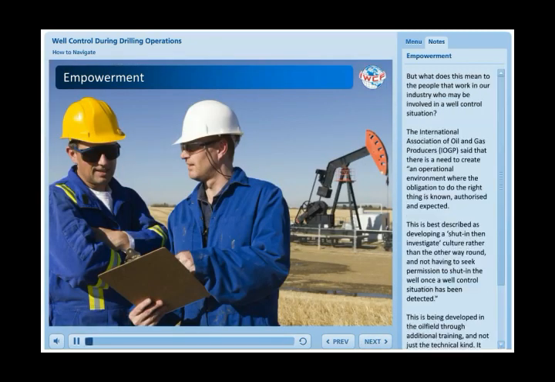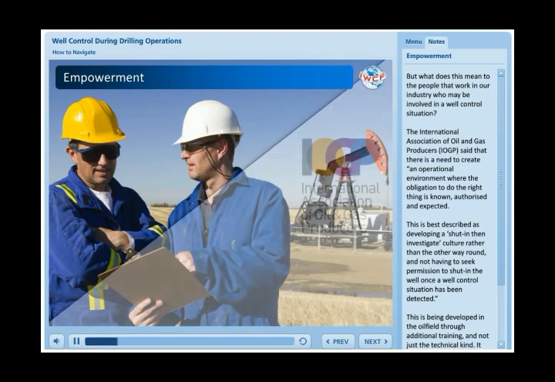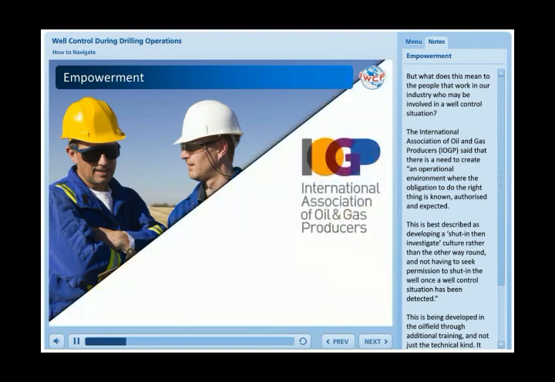But what does this mean to the people that work in our industry who may be involved in a well-control situation? The International Association of Oil and Gas Producers, IOGP, said that there is a need to create an operational environment where the obligation to do the right thing is known, authorized, and expected.